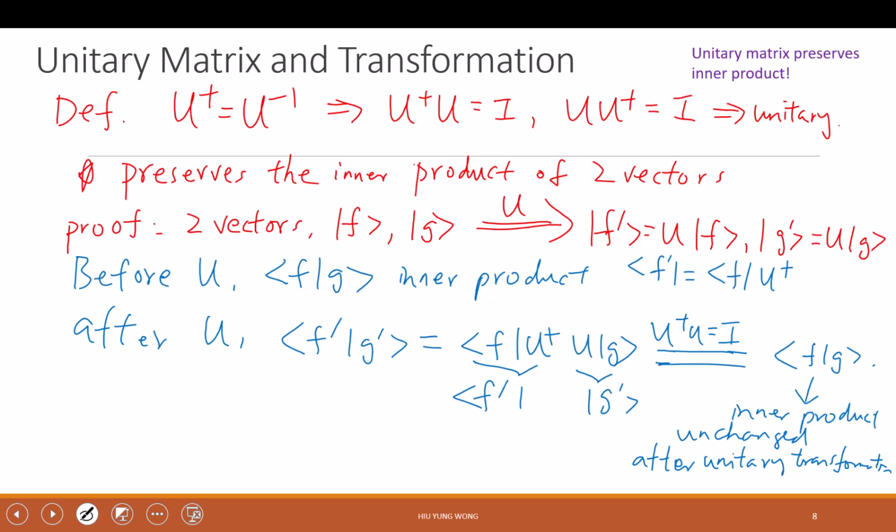Because you also need to reverse back. You're right. And you can see that a unitary matrix must have an inverse also. Right? Because a unitary matrix means U dagger equals U inverse.